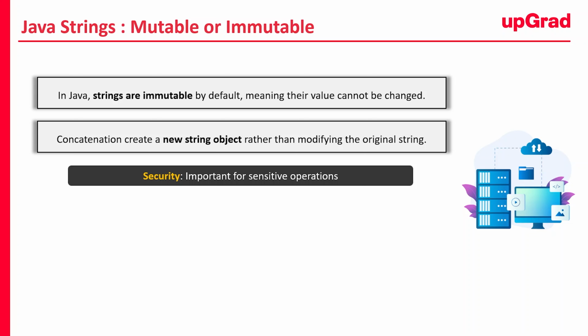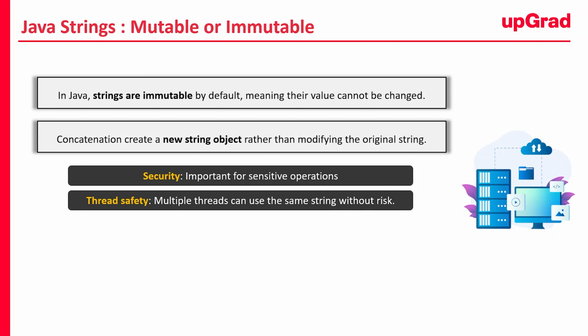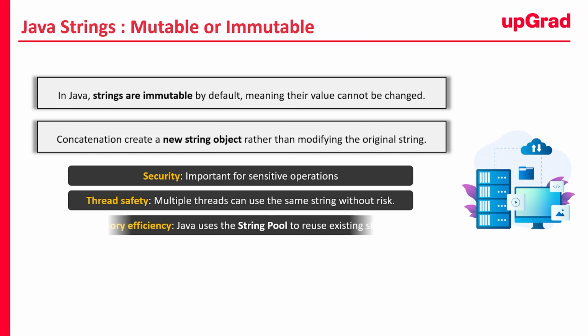This immutability brings benefits like security, since strings are used in sensitive operations like file paths or network connections. Another benefit is thread safety, that is, multiple threads can safely use the same string without risking modification. And the third benefit is memory efficiency.